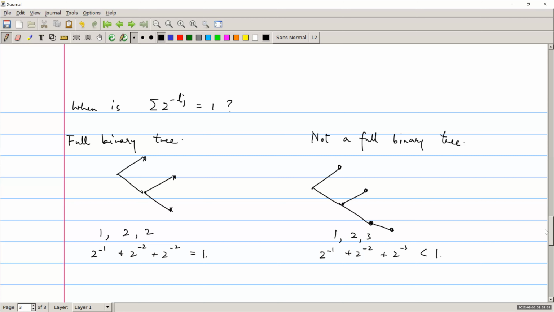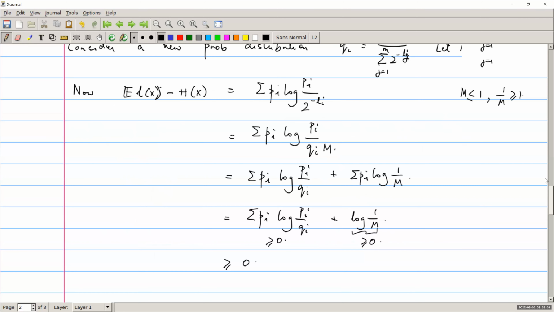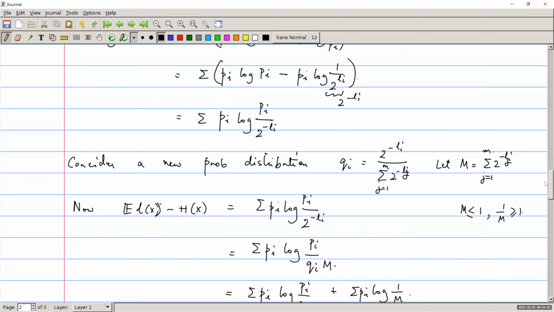Okay. So what we'll do next is, we know that the expected code length is at least the entropy. But what is more interesting is if the expected code length is always very close to the entropy. That will mean that our interpretation, that entropy is the amount of information acquired, has a very physical basis.